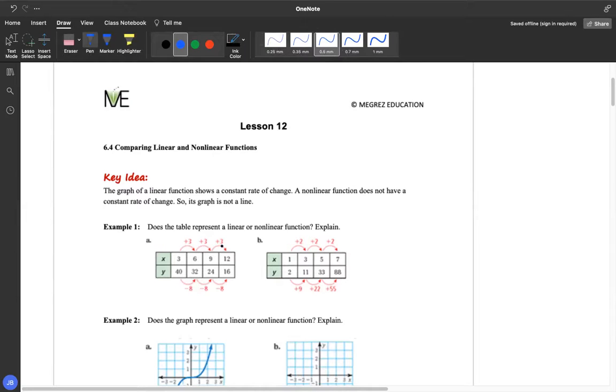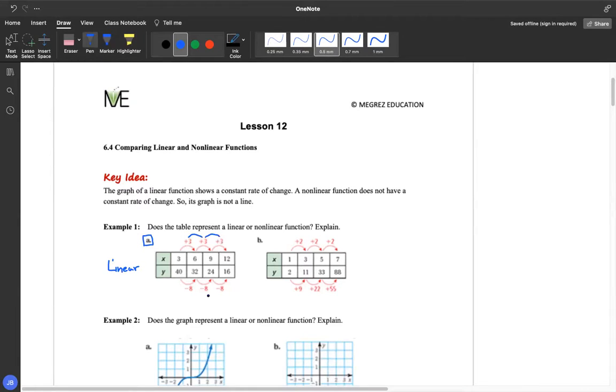It says, does the table represent a linear or nonlinear function, and explain? So Alina, for A, is this one linear or nonlinear? This one is linear because on the top it's plus 3, plus 3, plus 3, and it's consistent.